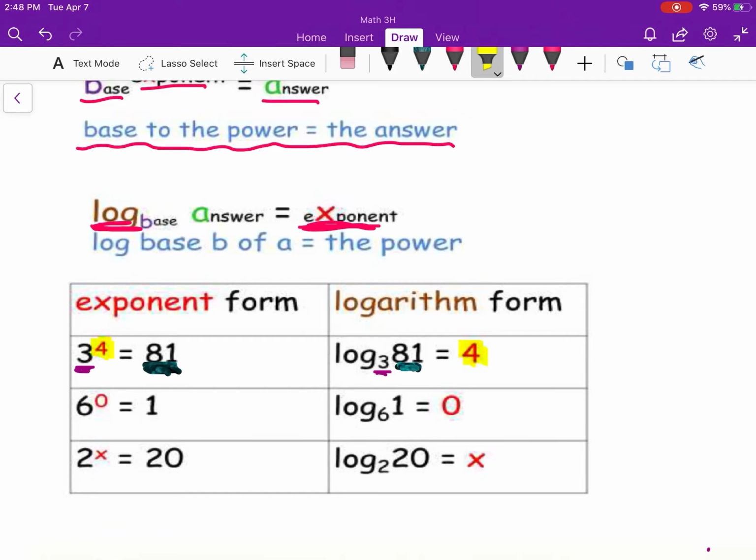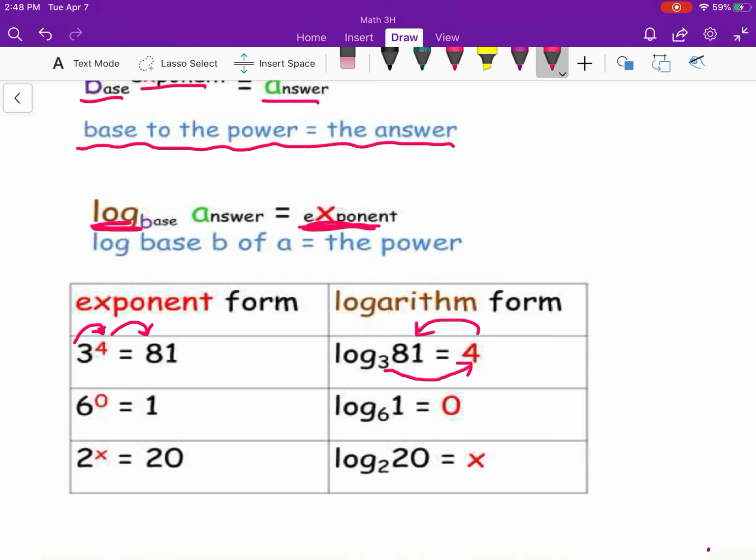Okay? Now, this is kind of almost circular a little bit. I'm going to erase that and re-show you how that works. We know that 3 to the 4th is 81. Rewrite it as its inverse, log base 3 of 81 is 4.